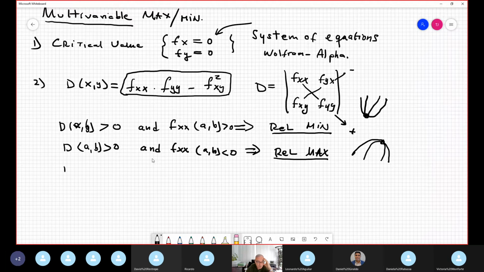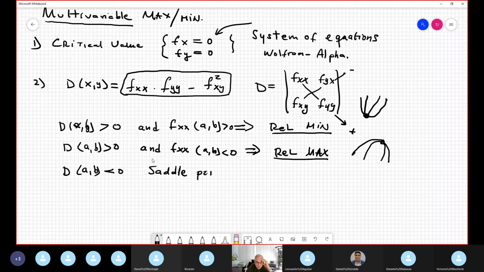The only problem is when the discriminant D evaluated at the specific critical value is negative. Immediately, when this situation happens, this is a saddle point. It's a new idea that you have never seen before.